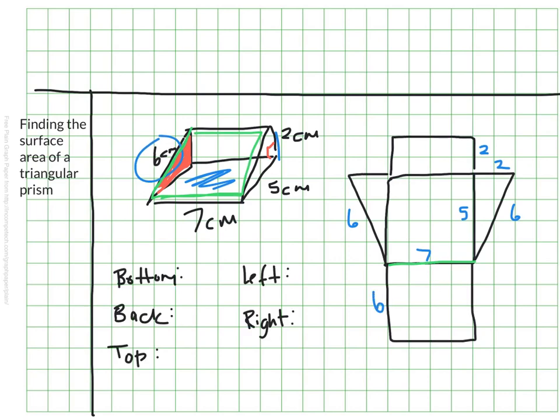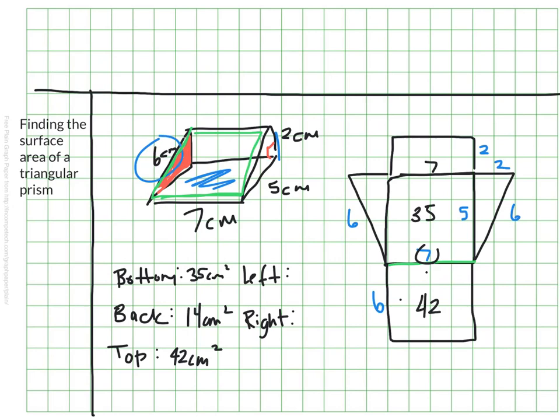And I'm going to use the net to help me find all of my different sections here. So the bottom is a 5 by 7, so this is 35 centimeters squared, right? And then the back, I'm going to call this the back. If this is 7 down here, so is this, so it's 7 by 2 or 14. And then I'm going to say this is my top, 6 by 7, so that's 42. And then for our left and our right, those are our triangular shapes.